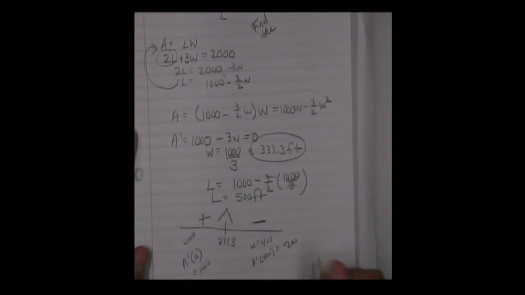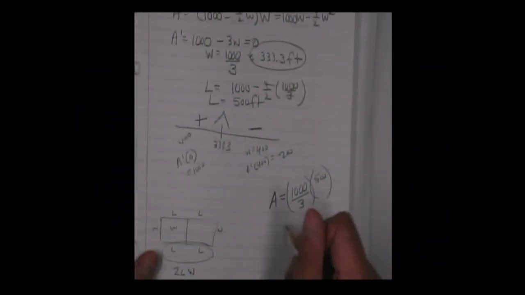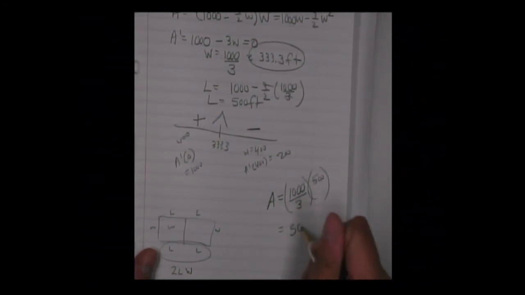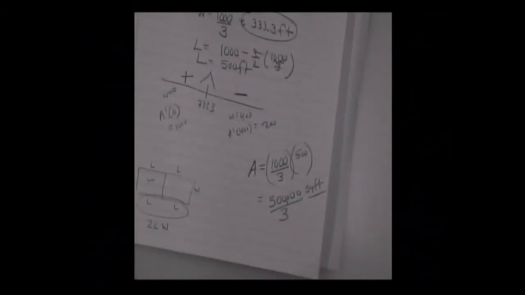I probably would just do length times width. So that's 1,000 over 3 times 500. That's going to get me 5 with 5 zeros divided by 3 square feet. And I could pull my calculator out, but I'm being a little lazy.